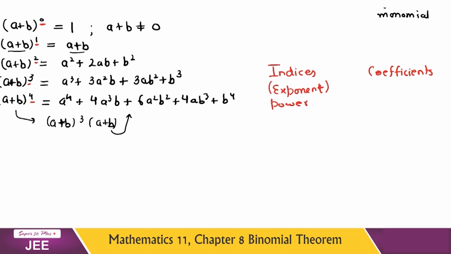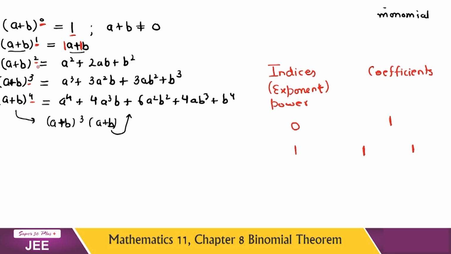As you can see, when the index is 0, the coefficient is 1. When the index is 1, we have two coefficients: one corresponding to a, that is 1, and another corresponding to b, that is also 1.